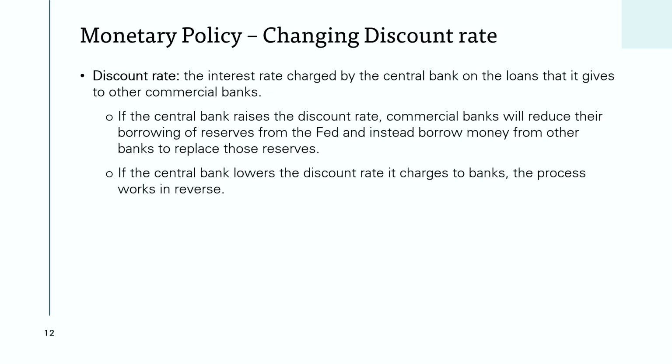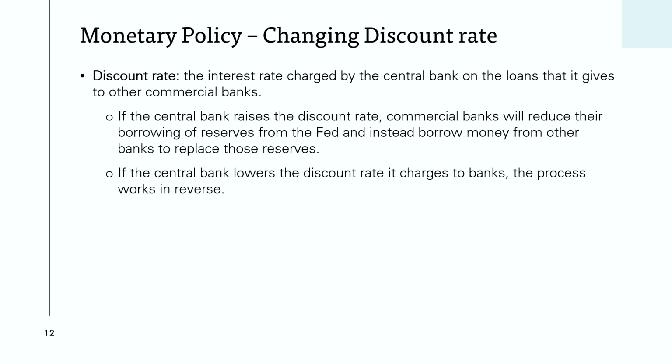And the discount rate is the interest rate the Federal Reserve charges banks when they borrow reserves directly from the central bank. When the Fed raises the discount rate, borrowing from the Fed becomes more expensive. Banks will then borrow less from the Fed and try to borrow reserves from each other instead.